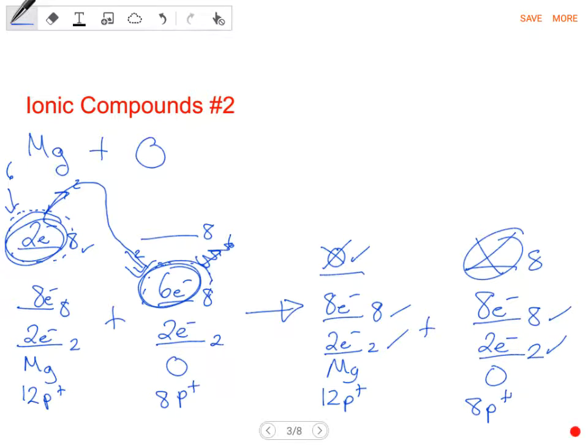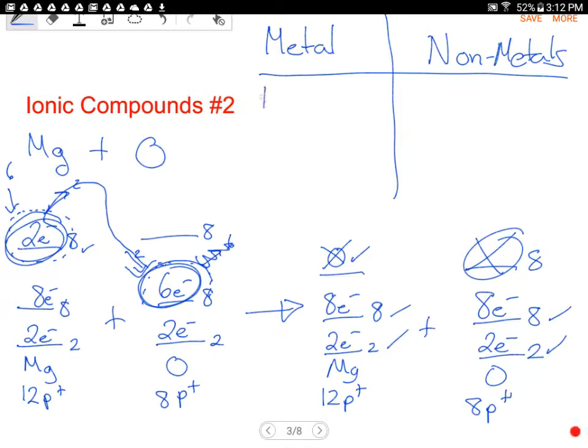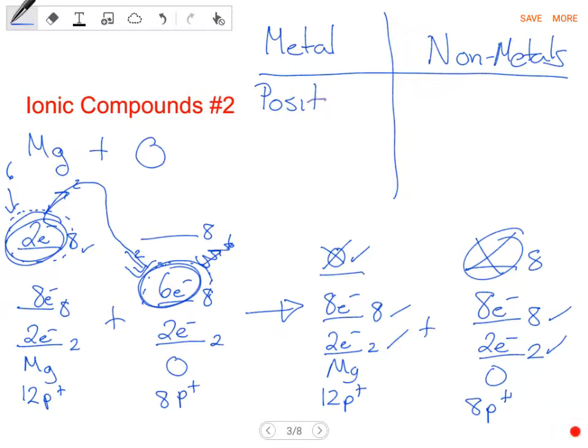And then here we go again. You're going to find a pattern here, everybody. I said to you earlier that, if you remember, metals, nonmetals, these are always positive ions. These are always negative.